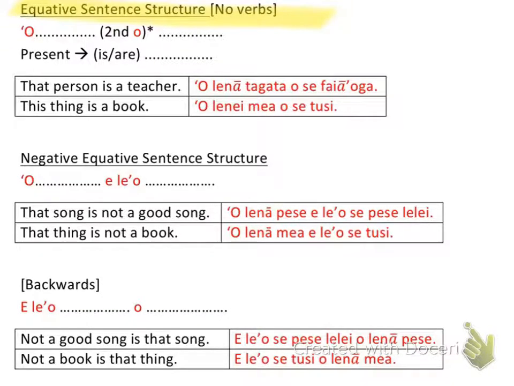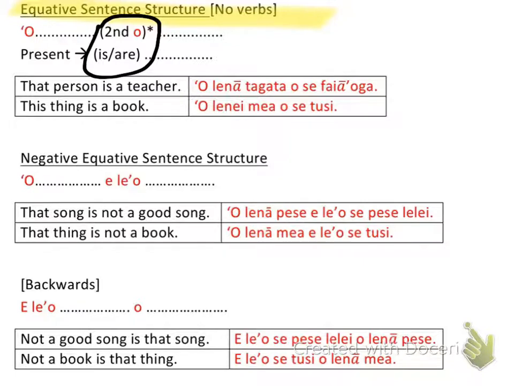I use a particle o to present a noun phrase, and then my second o becomes the is or are statement, or if you want to, you can think of that as an equal sign.